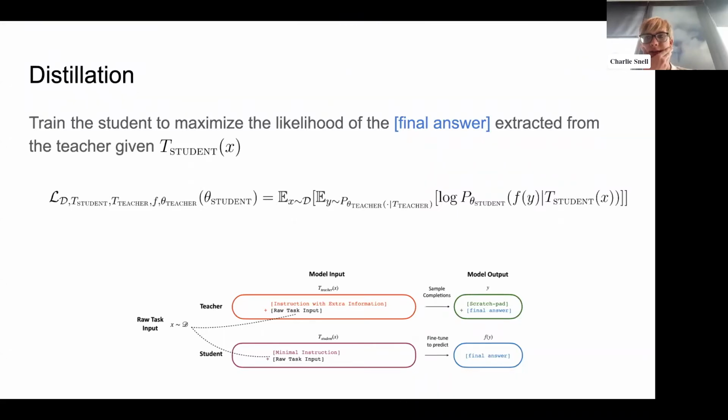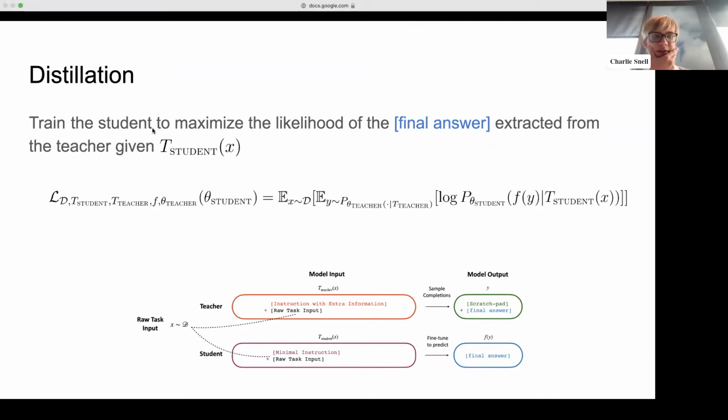And now, given all these components, we can define what the actual distillation process looks like. On a high level, the idea is we're going to train the student to maximize the likelihood of the final answer extracted from the teacher when given the student's prompt template. You can look at this equation to make sense of this sentence. First, you sample a raw task input, and then you insert that input into the teacher's prompt template and sample an output.